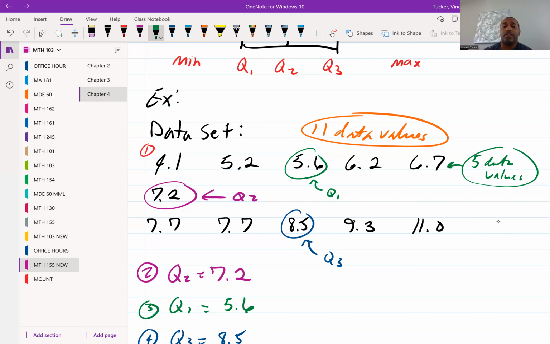That's 5.6. So once again, if I had an even number of data values, let's say if I had a 7.0 over here, then I have to take my 2 middle numbers, add them together and divide by 2, and that would be my median. It's the same thing that we talked about last class as far as finding your median is concerned.